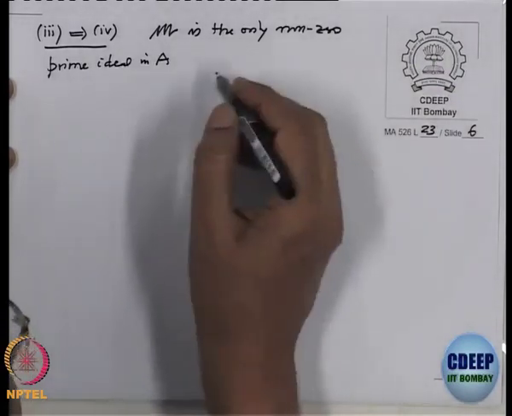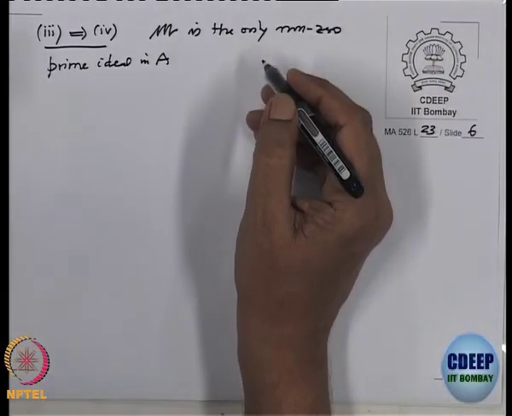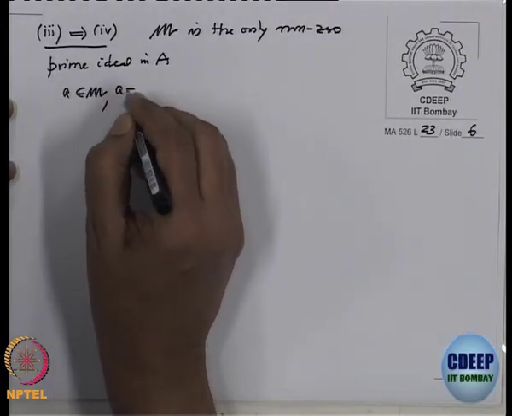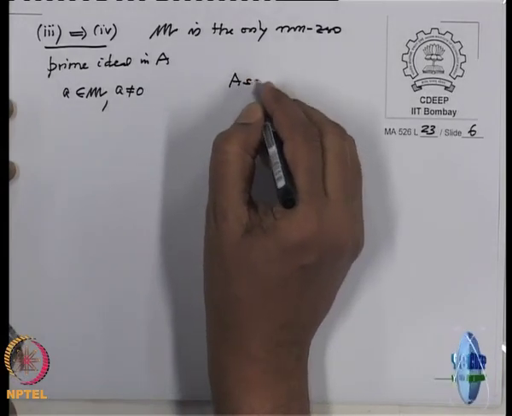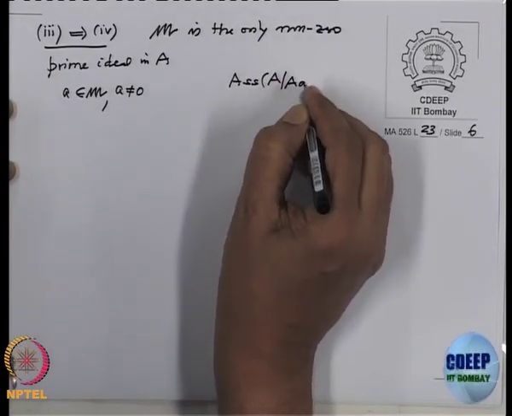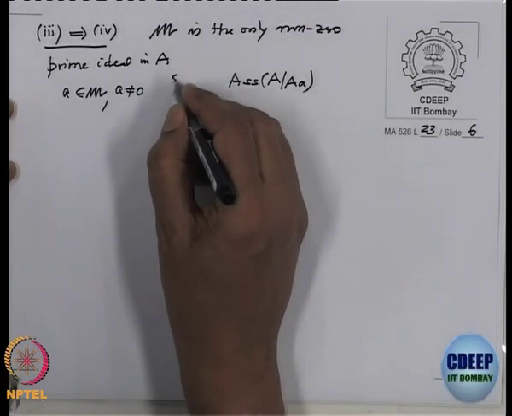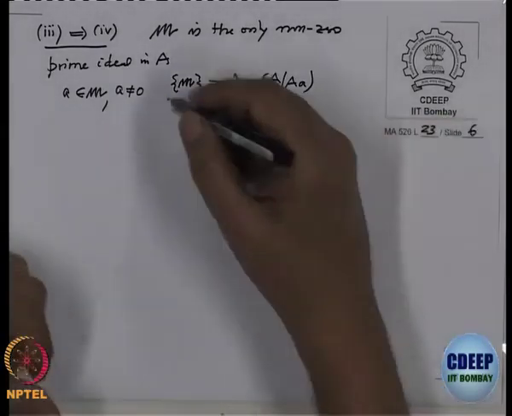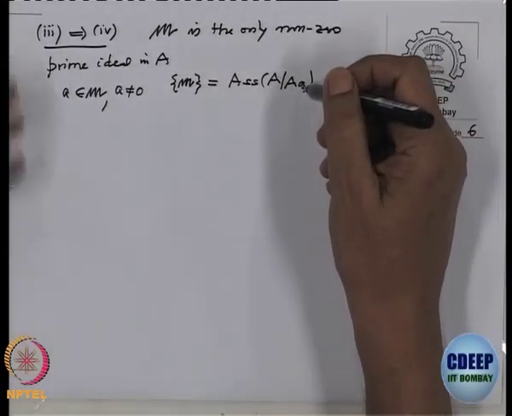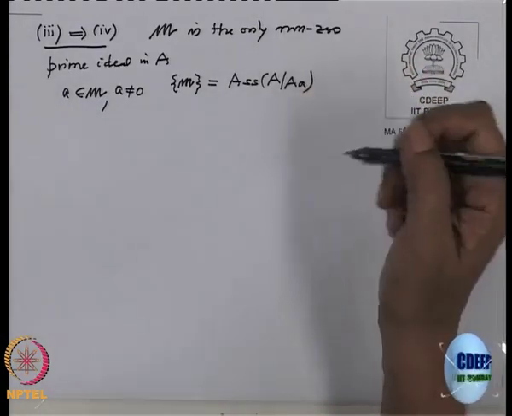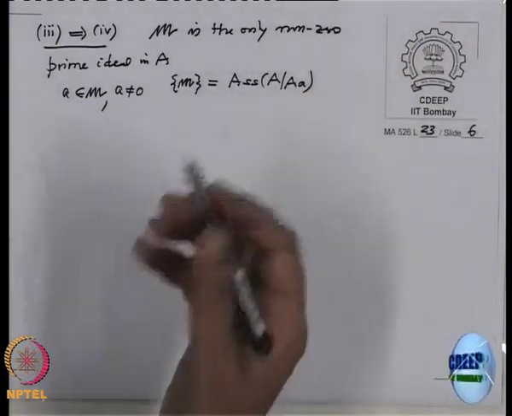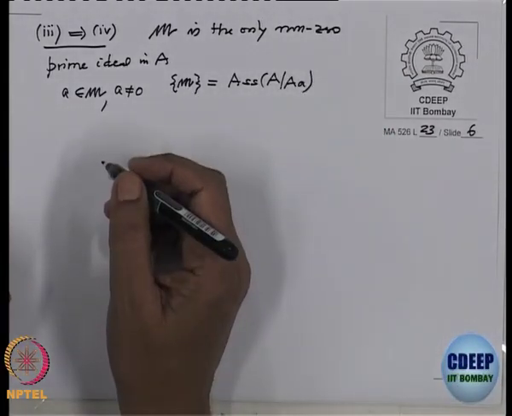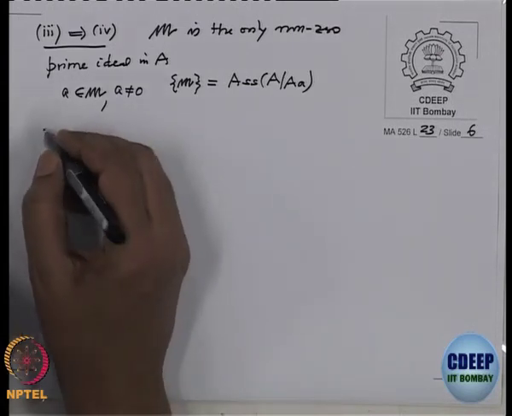That means, when I take any non-zero element a in M, and I look at the associated primes of A by a, the only element here will be M. There can't be any other prime ideal, because it will contain a and be contained in M. But this precisely means M is associated to this. So, that proves 4.